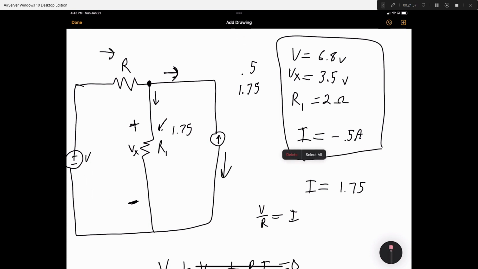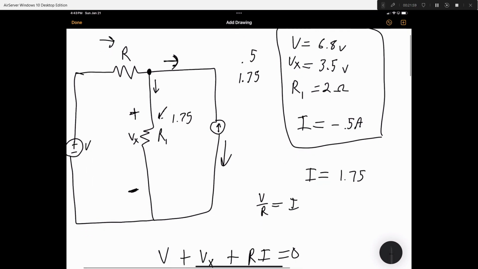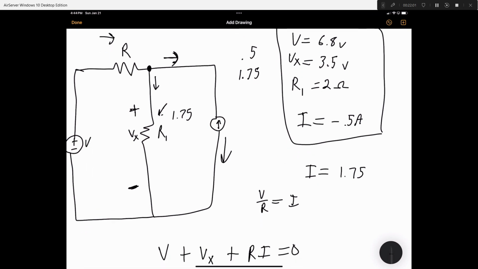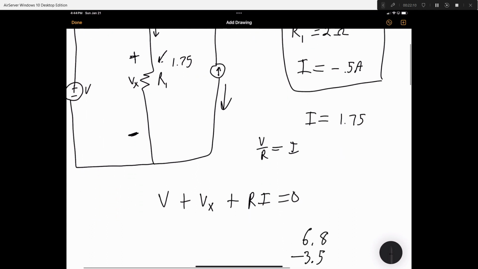And you can reverse it like that. So the actual total current going through that first resistor is 0.5 plus 1.75, which is 2.25.